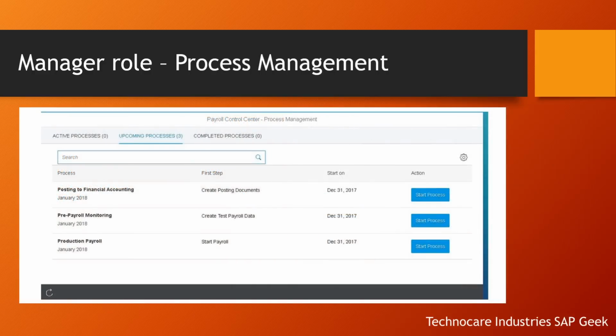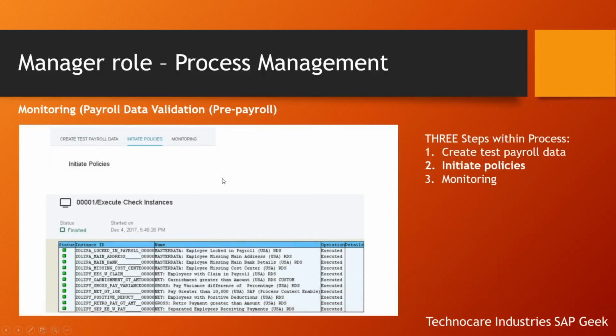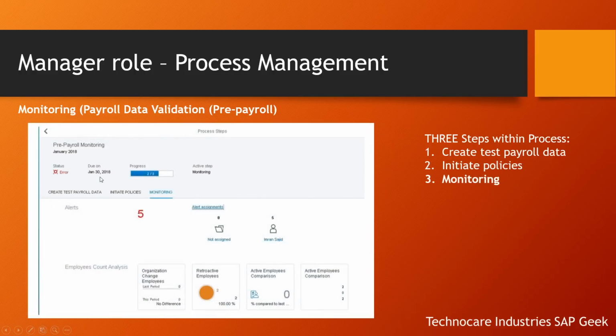So we have taken the example of the monitoring process, where there are 3 steps: create test data, initiate policies, monitoring, right? Then when we come to monitoring, as payroll manager, we can go and check the errors which are not assigned and get them assigned.